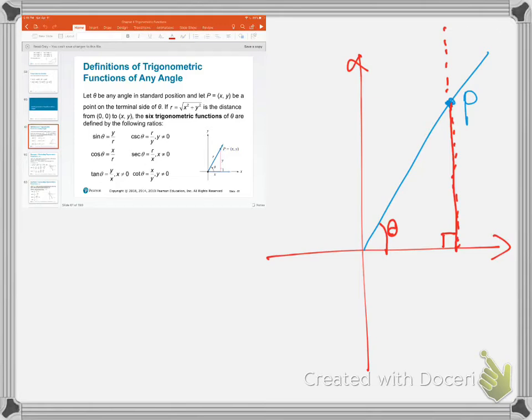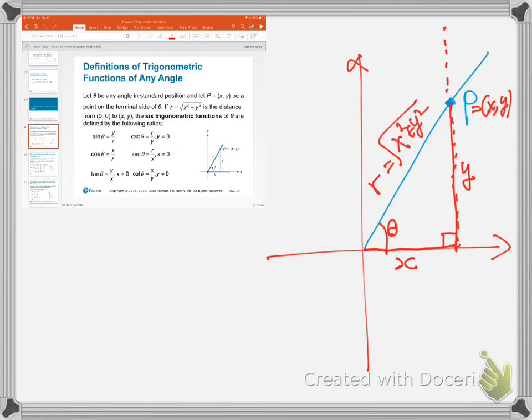If the point P is x comma y, then y is the vertical side of the right triangle, and x is the horizontal side, the bottom side. What is the hypotenuse? Hypotenuse r is the square root of x squared plus y squared by the Pythagorean theorem.